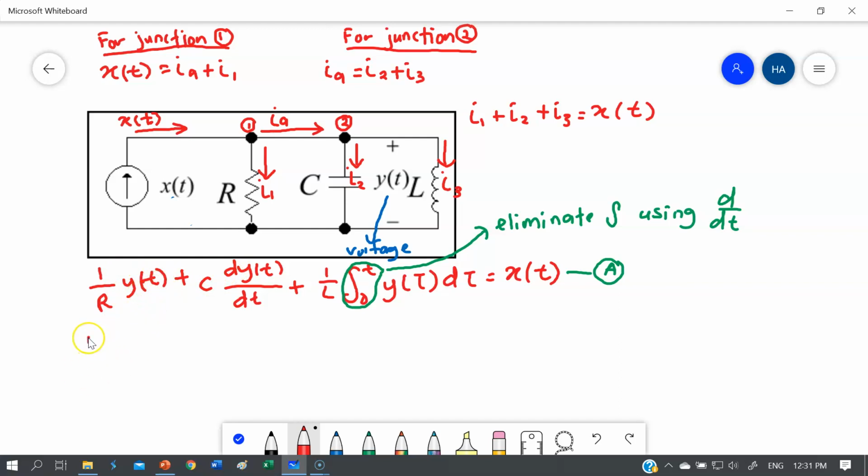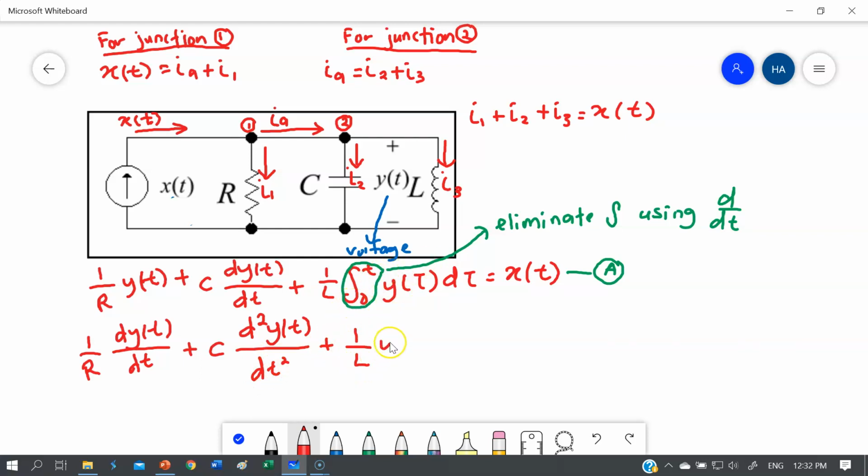If we differentiate, we will have 1 over R dy of t over dt, plus this first order differentiation will become second order differentiation. And with this one, the integration is eliminated, so you will be left with only y of t, equals dx of t over dt.